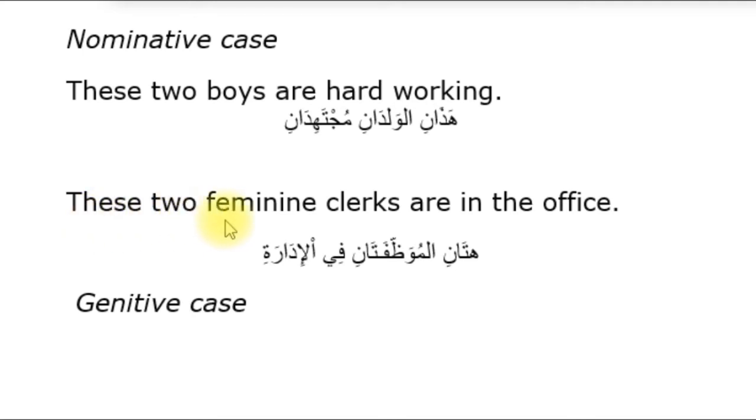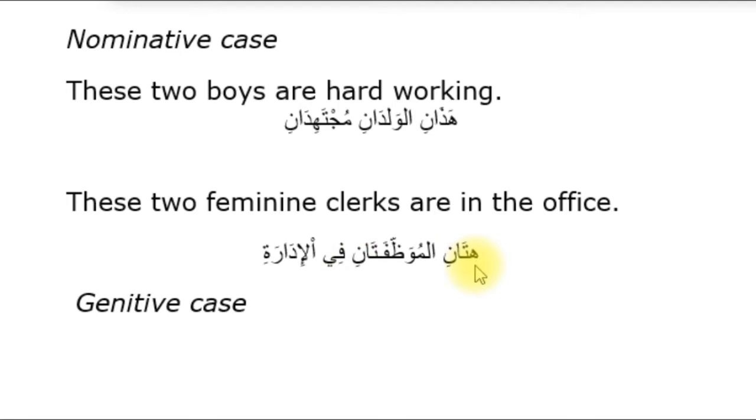These two feminine clerks are in the office. هاتان الموظفتان في الإدارة. Let's look at الموظفتان. For the dual form, we need to add alif and nun.